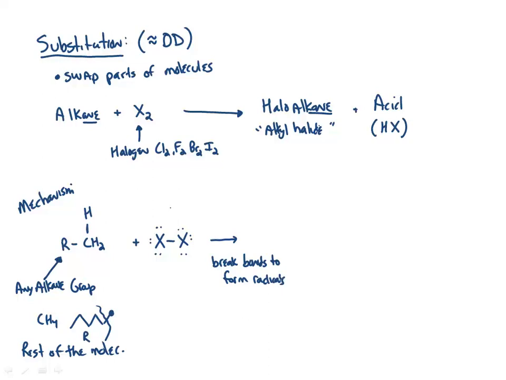This bond is broken, and one way that we can do it is simply with UV light. If we shine something that has a short enough wavelength or a high enough energy on our sample, then we can break that bond.